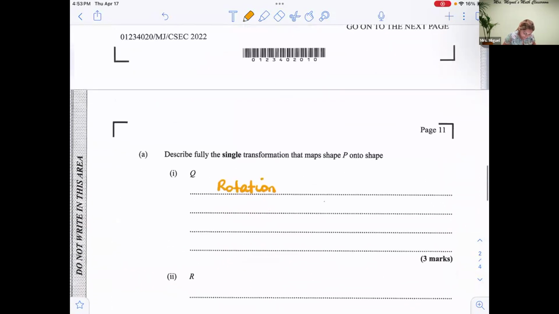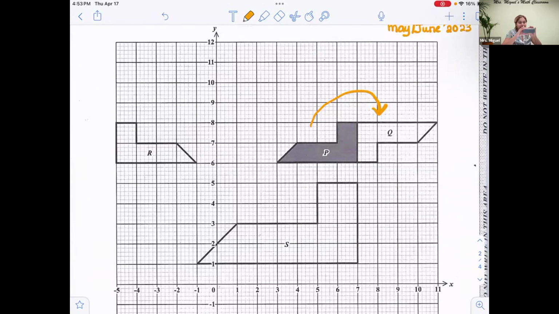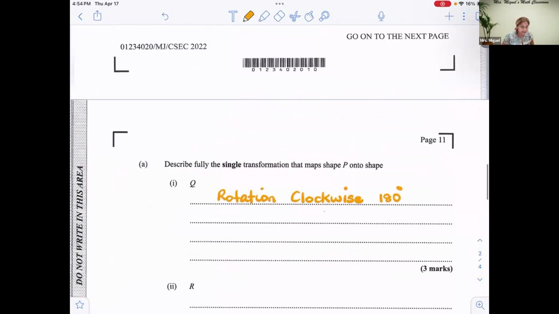So this is clockwise. And this is the object. This is 90. It's facing this side. So that is a whole 180 degrees. So this, I would have gotten my 3 marks.